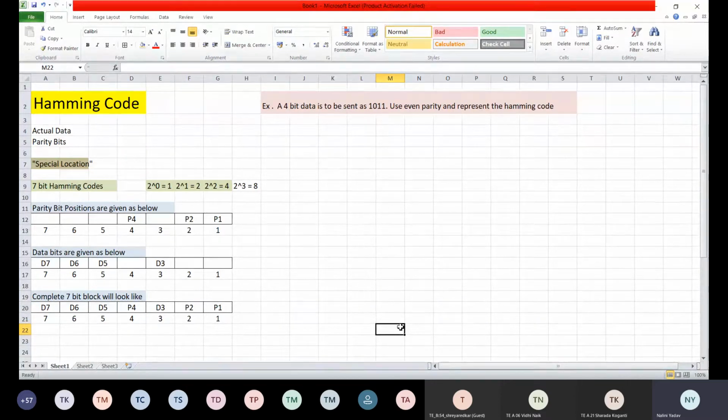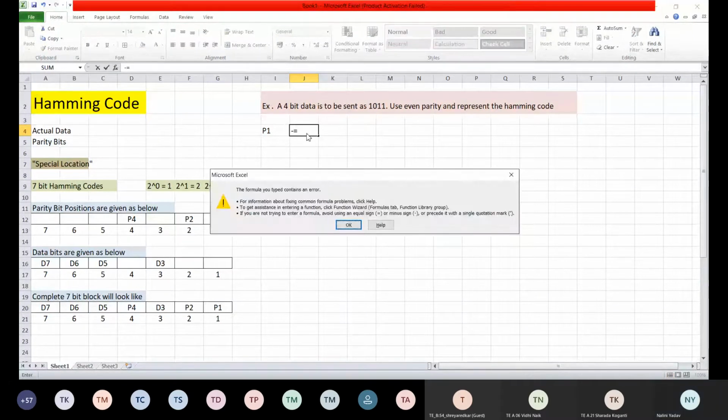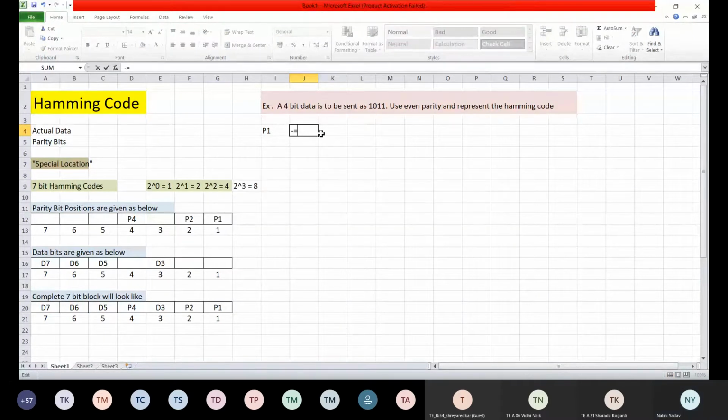Now the next important part is how we will calculate the value of P1, the value of P2, and the value of P4, correct? P1 is to be calculated with the help of D3, D5 and D7.